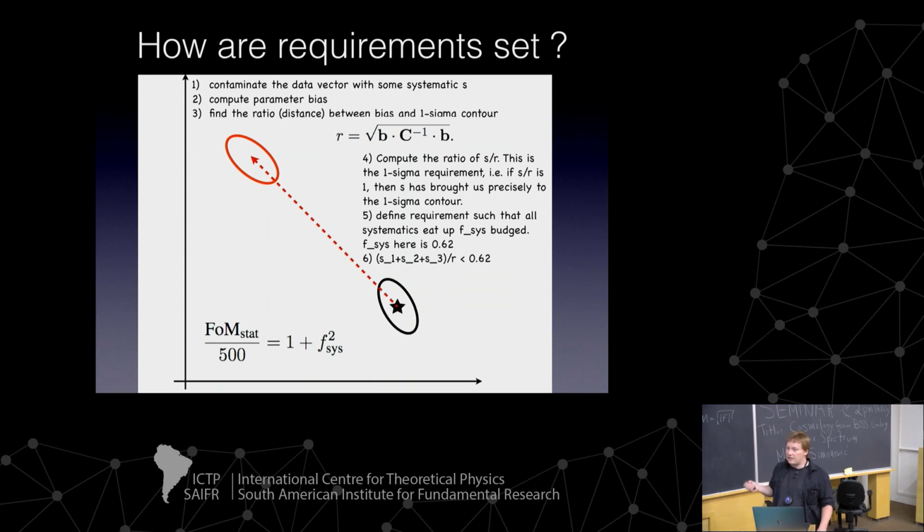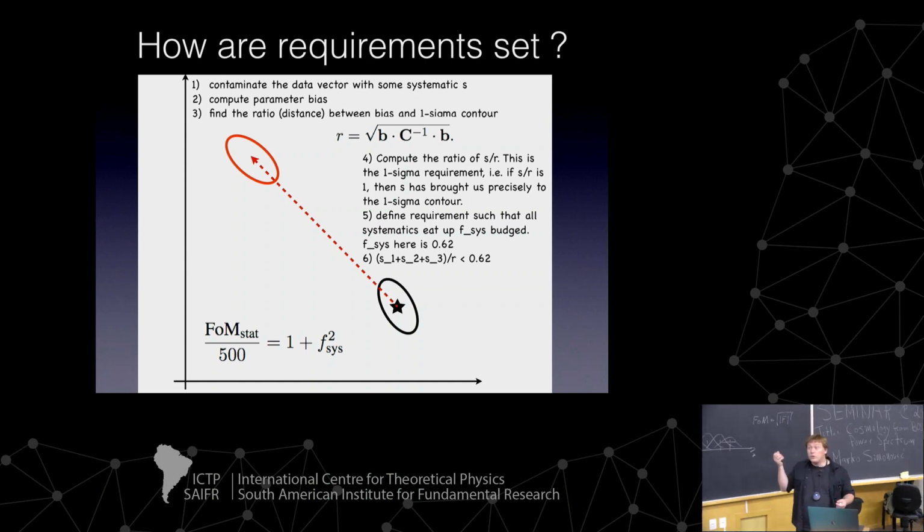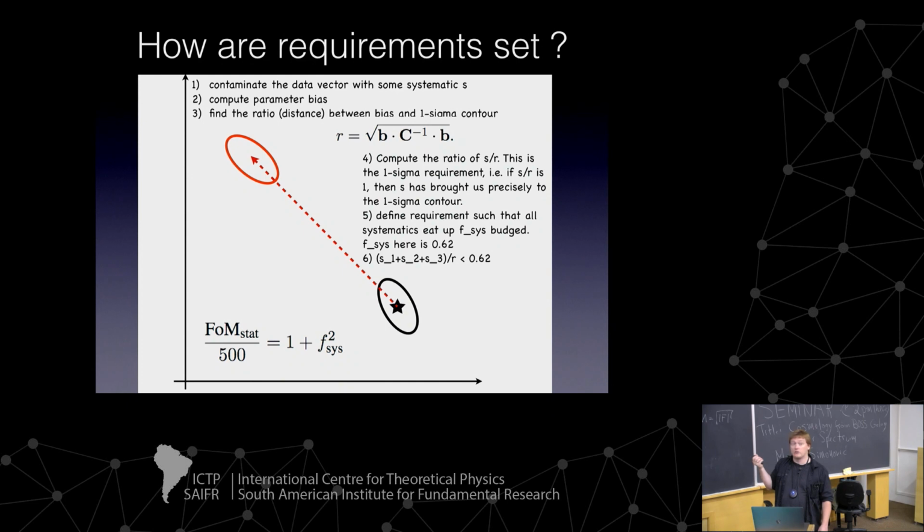I should say that if you at some point start looking into the literature and you compare different types of these analyses, how well is survey X going to do compared to survey Y, you really have to dig into the details of what went into these analyses. Some of them just don't consider systematics. Some of them make very, very optimistic choices about systematics. So one has to be careful when comparing these numbers.